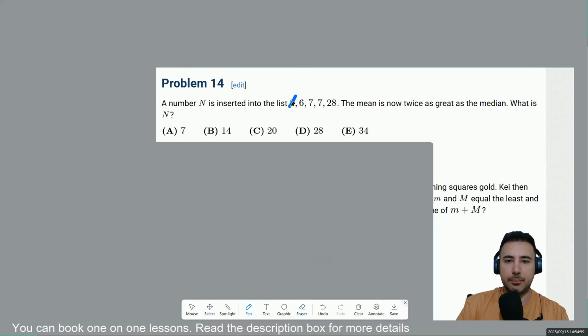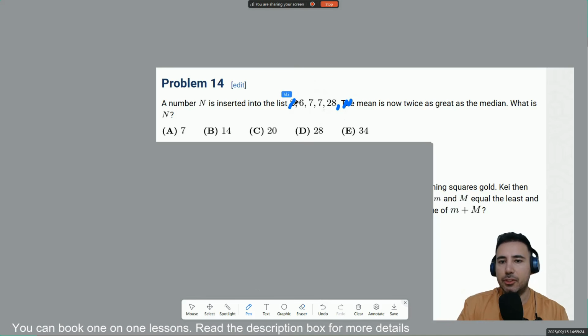I'll cross this by this one, by this one. 7 is the median, but we need to add a number here. So what if n is to the right of 7? It doesn't matter where. For example, what if my n is here? Now I have 6 numbers: 1, 2, 3, 4, 5, 6.